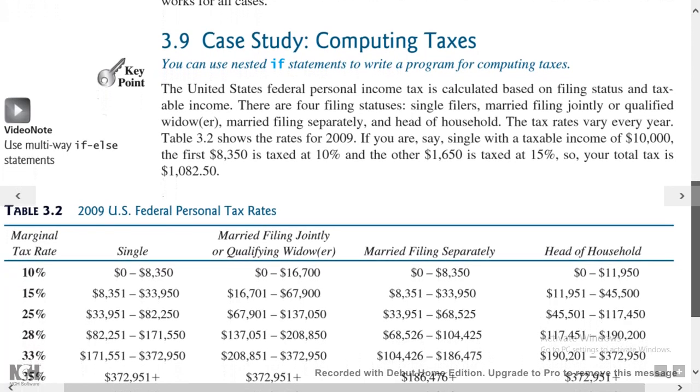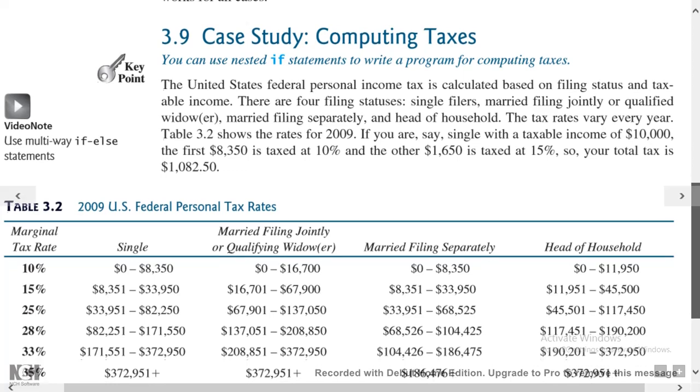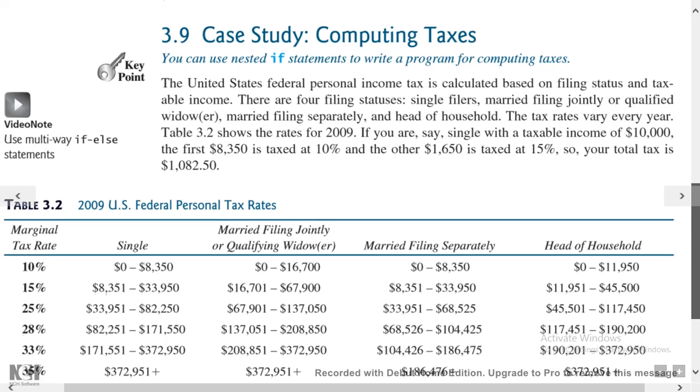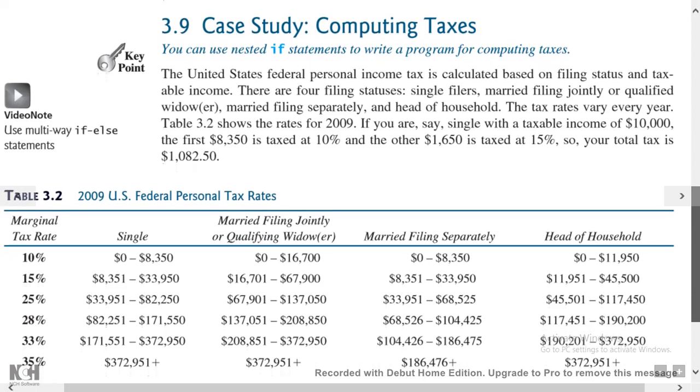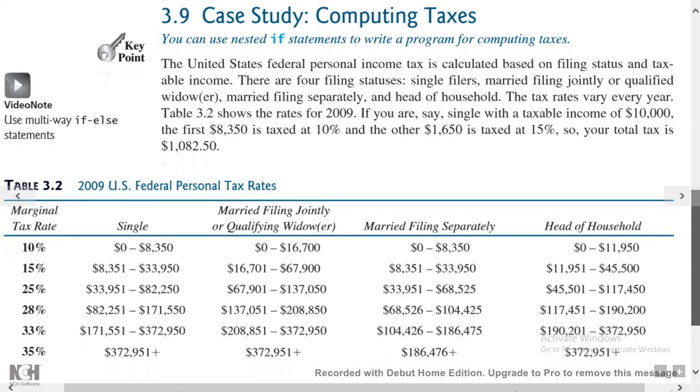If you are, say, single with a taxable income of $10,000, the first $8,250 is taxed at 10%, and the other $1,650 is taxed at 15%. So your total tax is that amount.